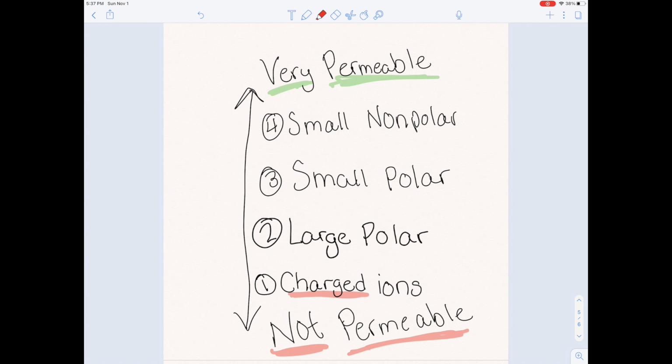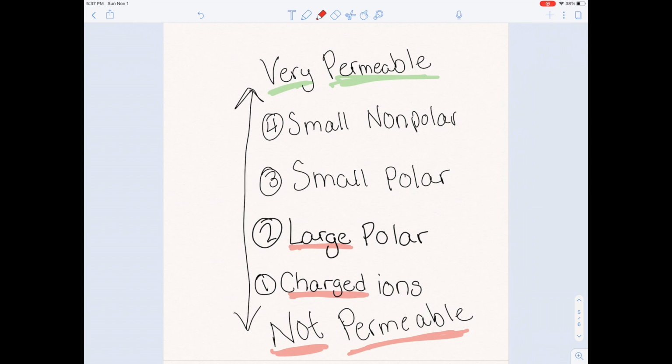So as an overview of membrane permeability, charged ions are the worst because the charge on the ion is going to either repel from the membrane itself because of that phosphate group, or it's going to be stuck to the outside of the membrane. Large molecules that are polar are also not very helpful. Because of their size, it's going to be very hard for them to get through the cell membrane.